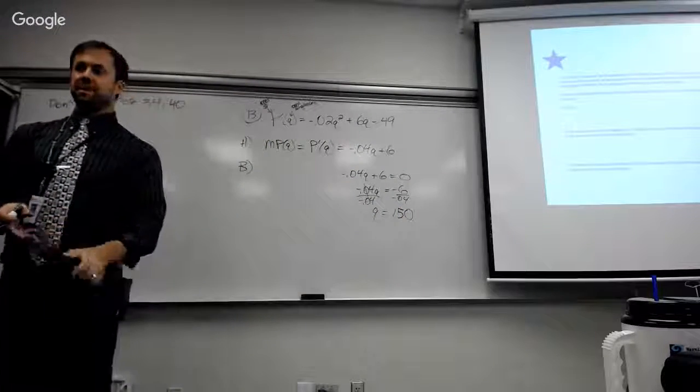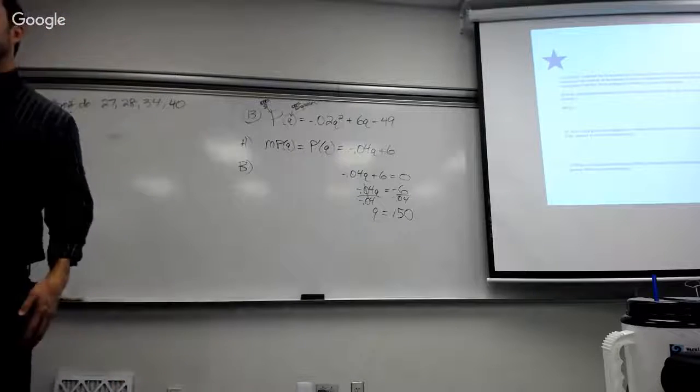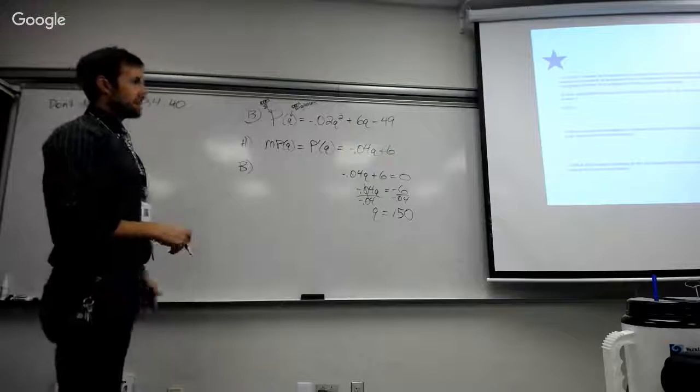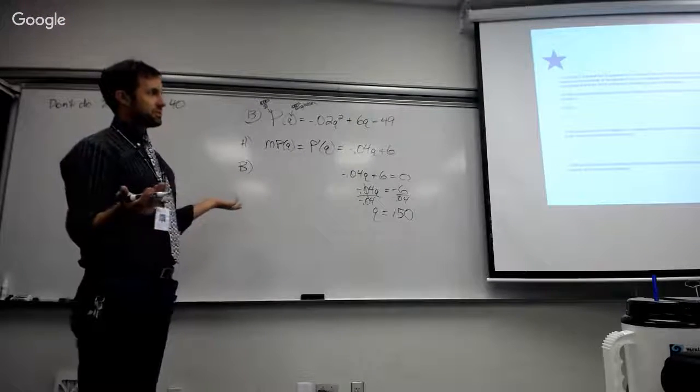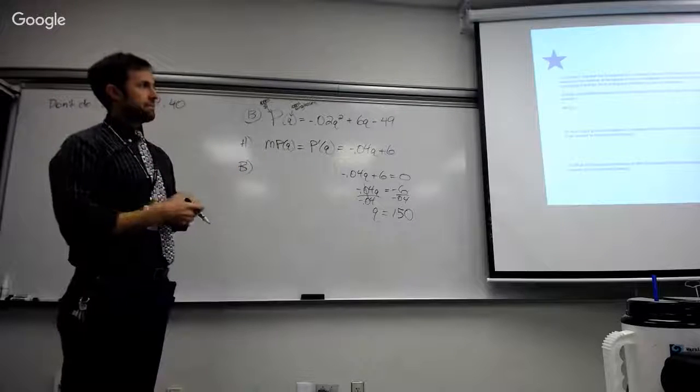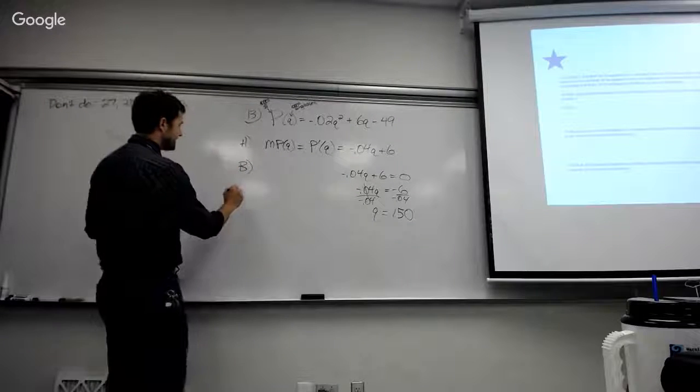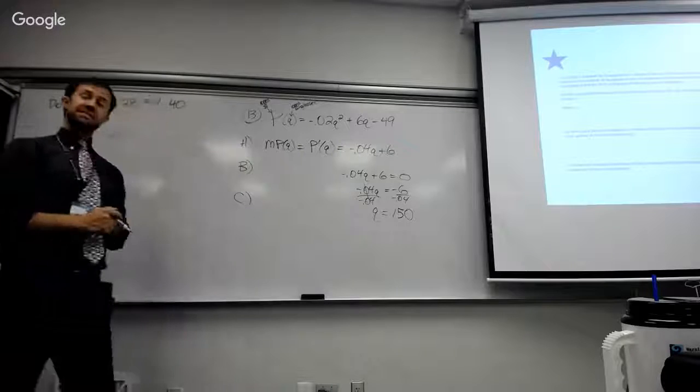What does that 150 really mean? 150,000 sunglasses. Okay, so how many pairs of sunglasses should be sold in order to maximize profits? 150.